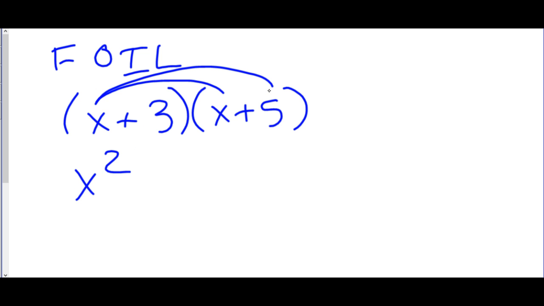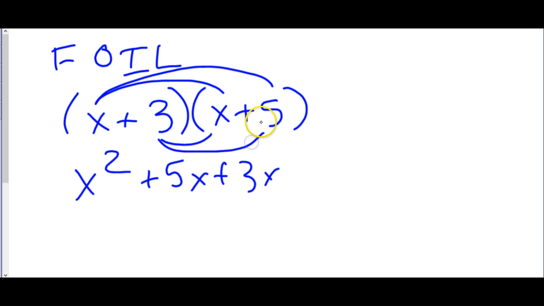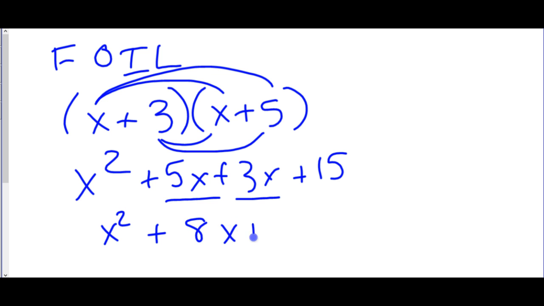Outer times outer, so x times 5 is 5x. Inner times inner, 3 times x is 3x. And last times last, 3 times 5 is 15. So now I add any like terms. 5x and 3x can add together to be 8x.